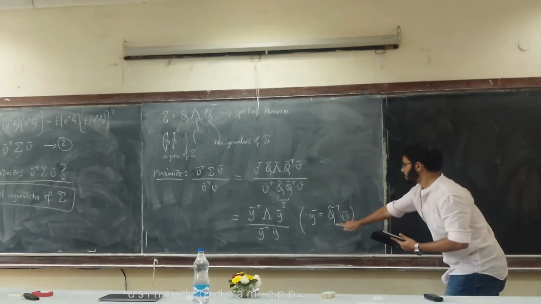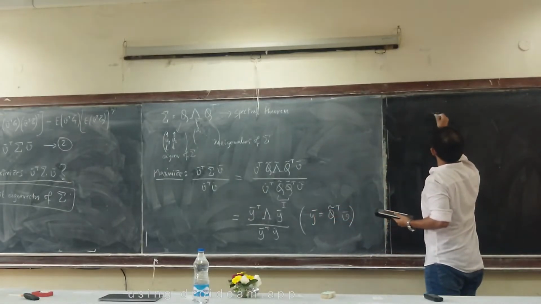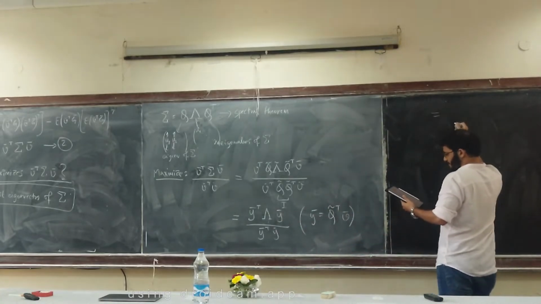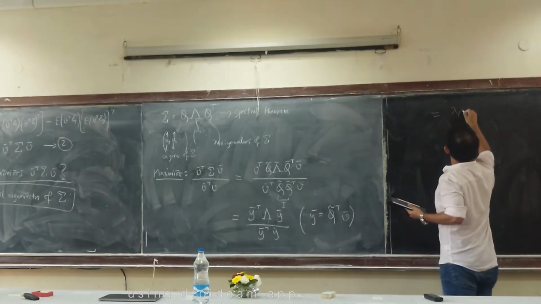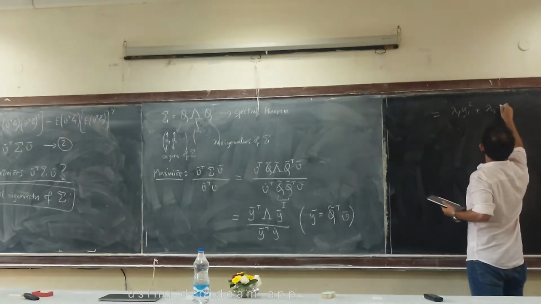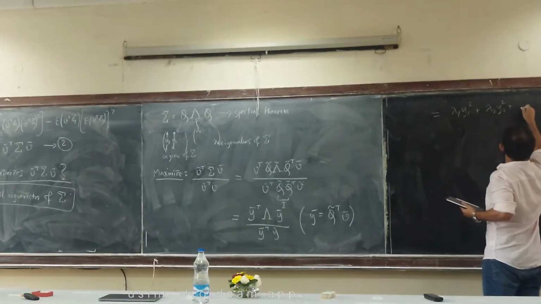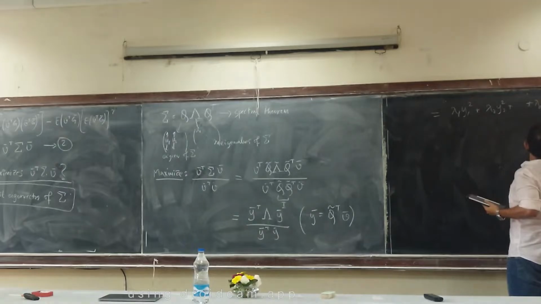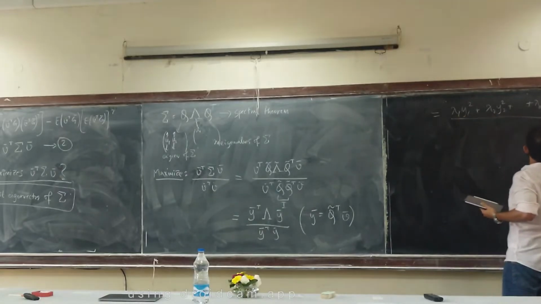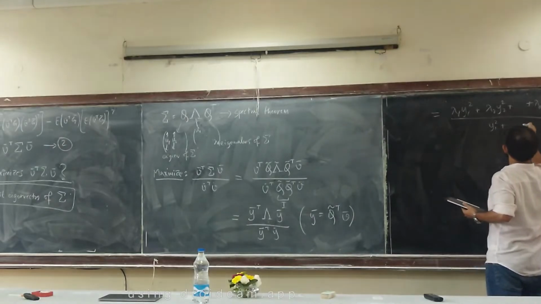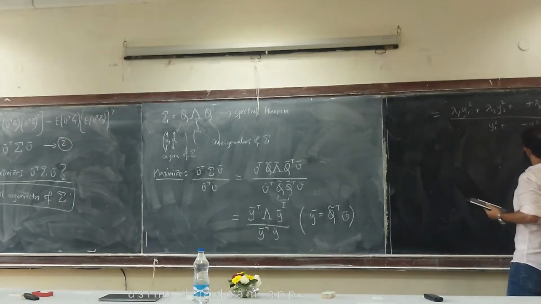Okay, so you'll be able to easily convince yourself that this quantity is simply lambda 1 y1 square plus lambda 2 y2 square, and so on, plus lambda d yd square, divided by y1 square plus y2 square and so on.